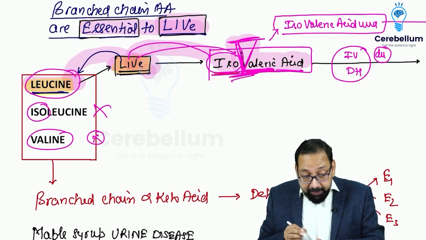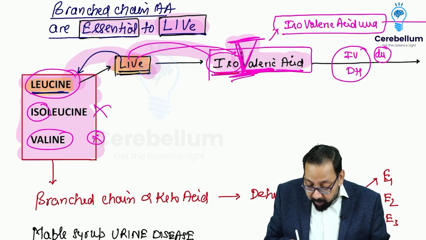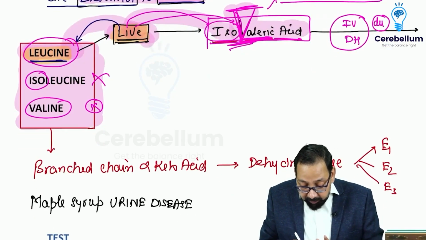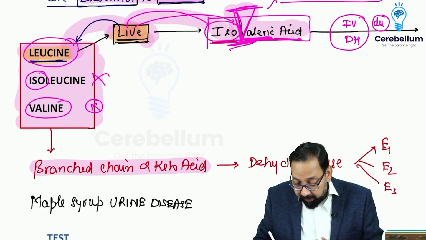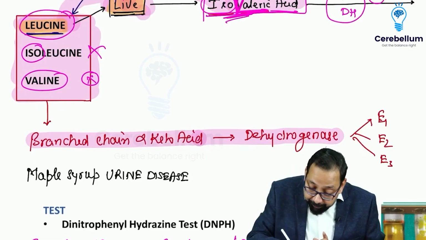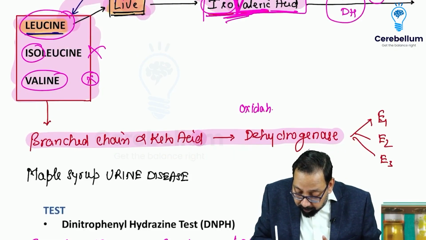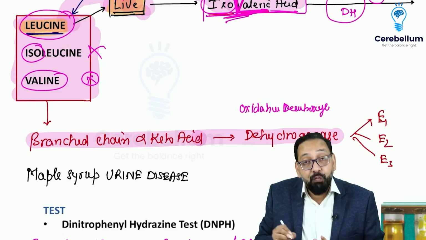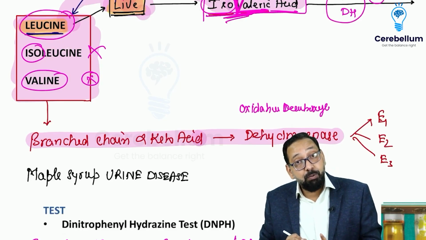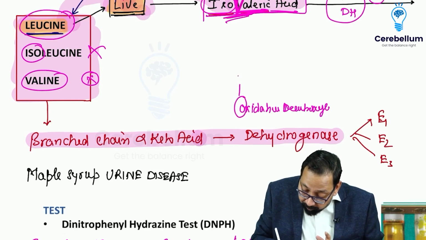We found that these 3 branched chain amino acids are metabolized by the enzyme branched chain alpha keto acid dehydrogenase. This dehydrogenase does oxidative decarboxylation. And you know, wherever oxidative decarboxylation of alpha keto acid is there, O for oxidative, O for 1.